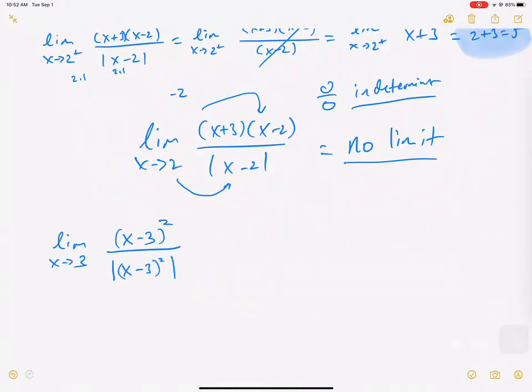Now let me ask you this question: in this problem here, does the absolute value even matter anymore? Our big idea here: remember, we're not making rules just to make up rules. If I square a number, this will always be positive. And doesn't absolute value make positive numbers positive anyways? So in this case, we actually don't even need the absolute value. You can just write this.